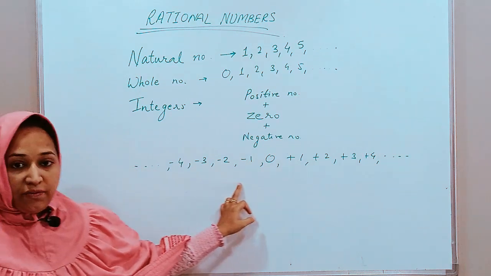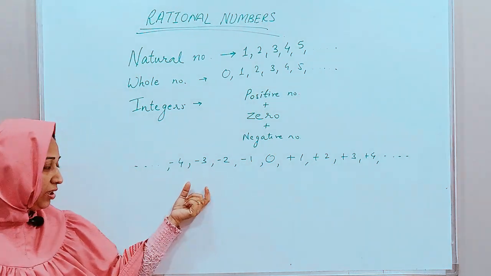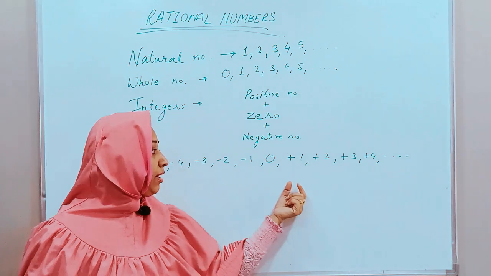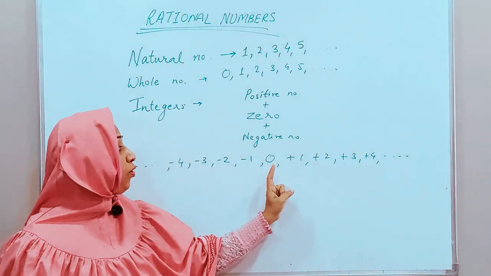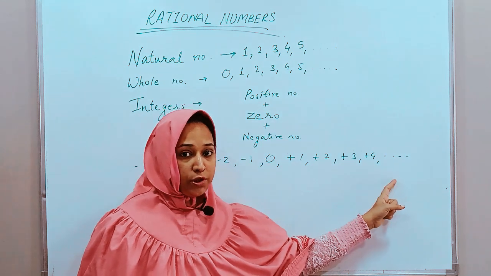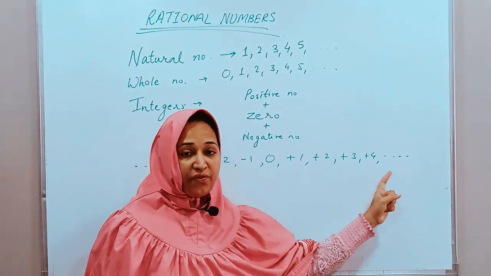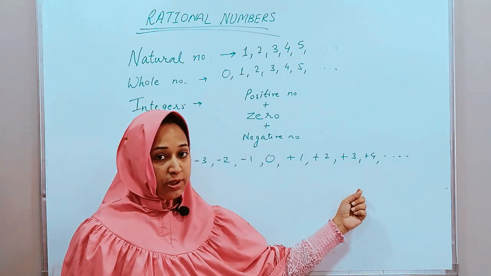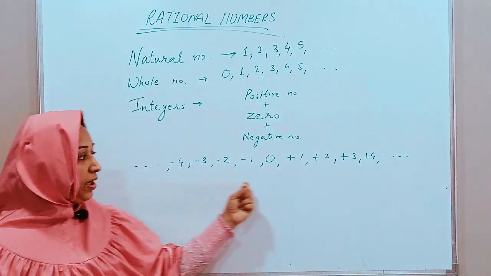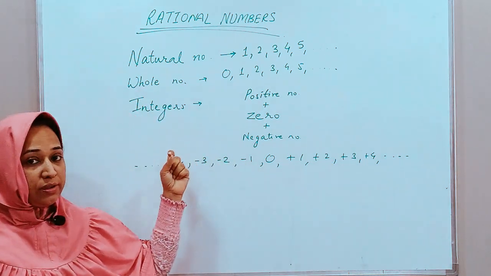So these are negative numbers with a minus sign, a 0 and positive numbers with a plus sign. Generally we do not give a sign with positive numbers. We write them as 1, 2, 3, 4, 5 and it is assumed that it is plus 1, plus 2, plus 3. So all these together make integers.